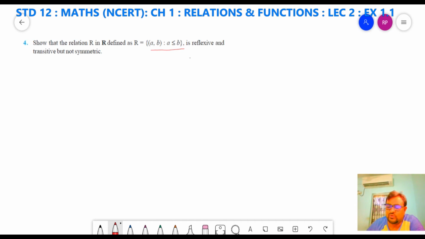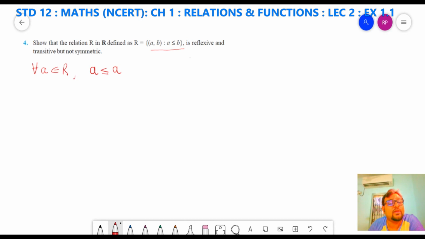Okay, so first we'll start with reflexive. Now we have to prove reflexive, so I will not take any example. For any a belonging to R, I can write a is always less than or equal to a. See, a is not less than a, but a is equal to a.